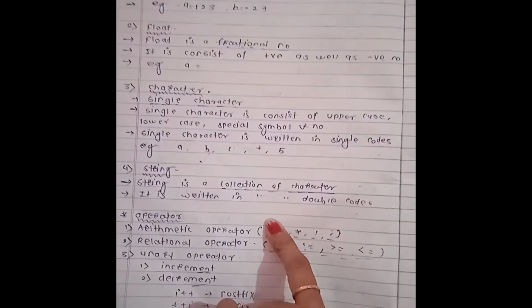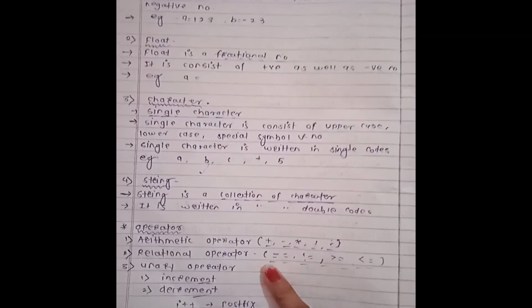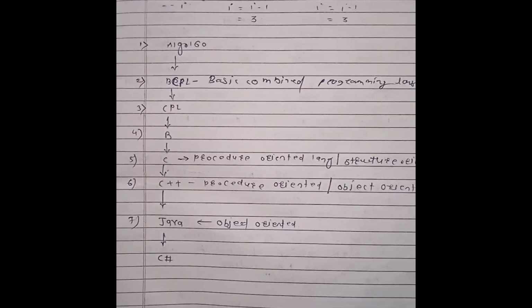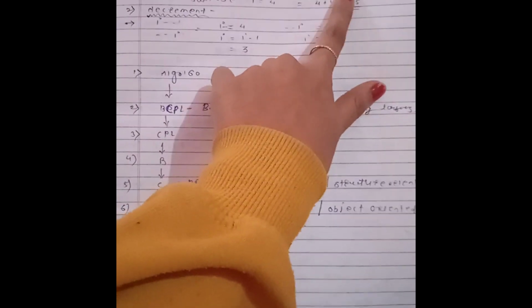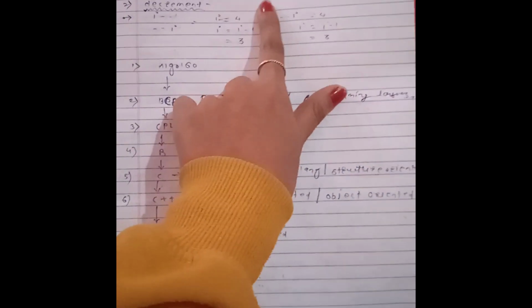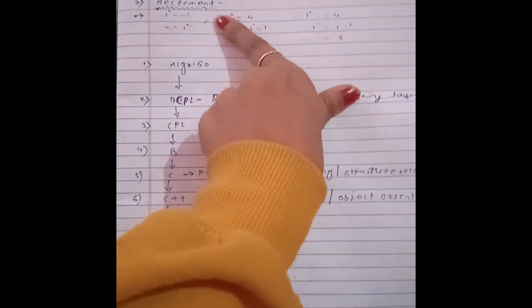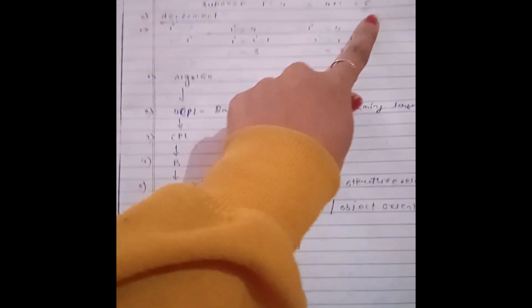Then operators. We will see arithmetic operator, relational operator, unary operator. In unary operator, increment and decrement are the subtypes. We will see what increment and decrement are. Always remember, when we consider the increment operator, the value is increased by 1. Suppose i equals 4, then 4 plus 1 equals 5.